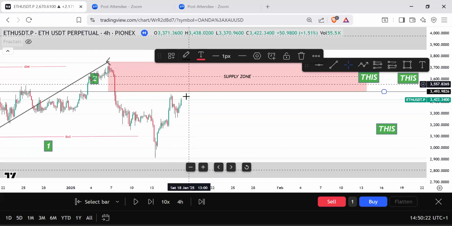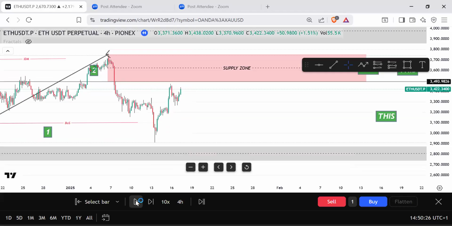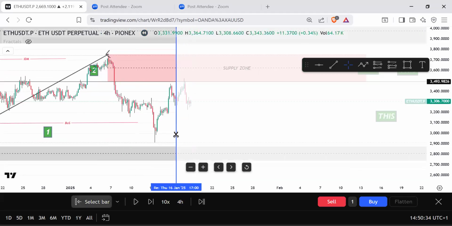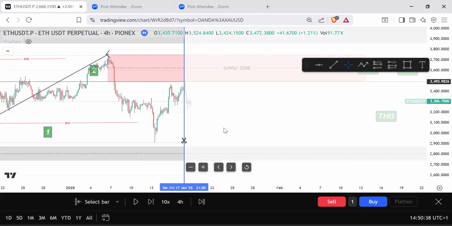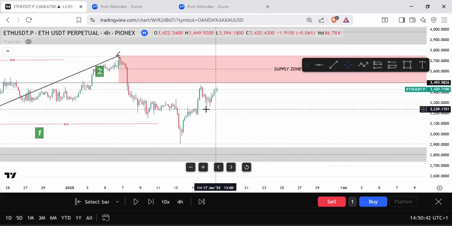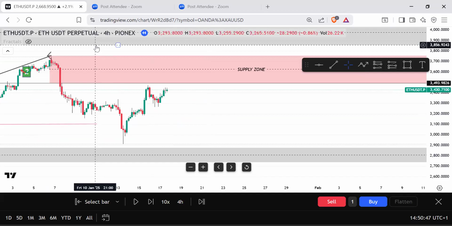So immediately when price touches it, the alarm goes off. Then we'll switch to the lower time frame.